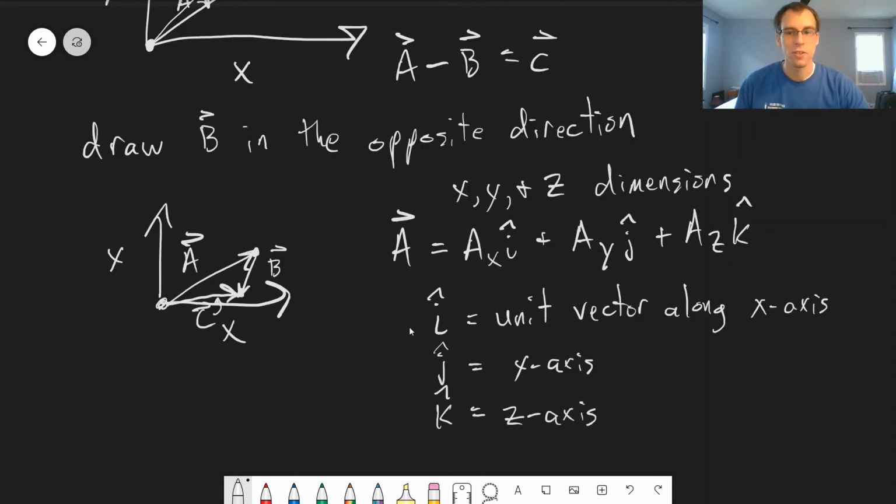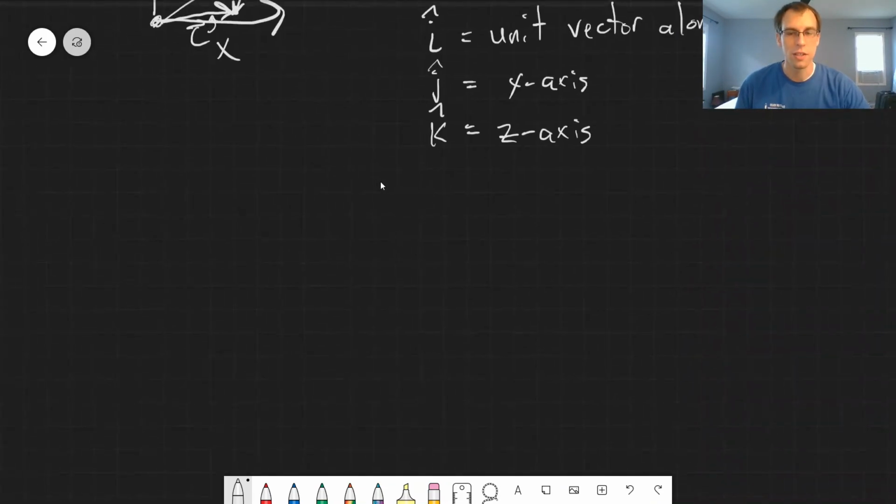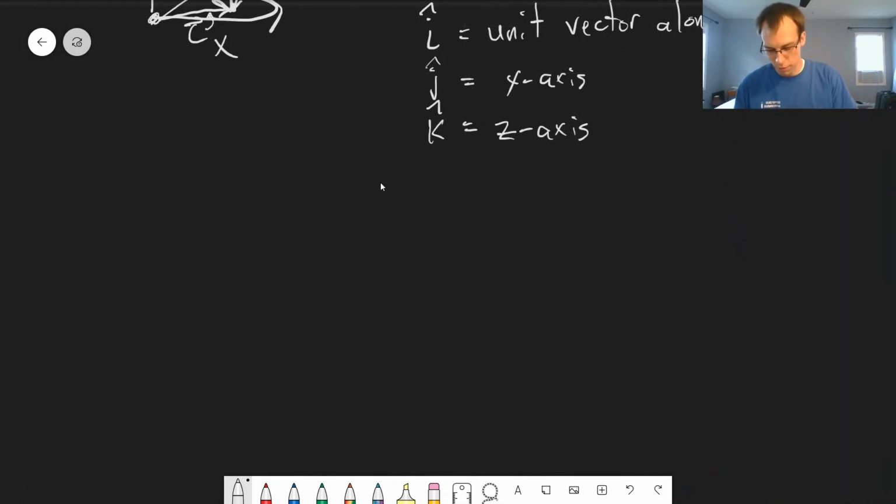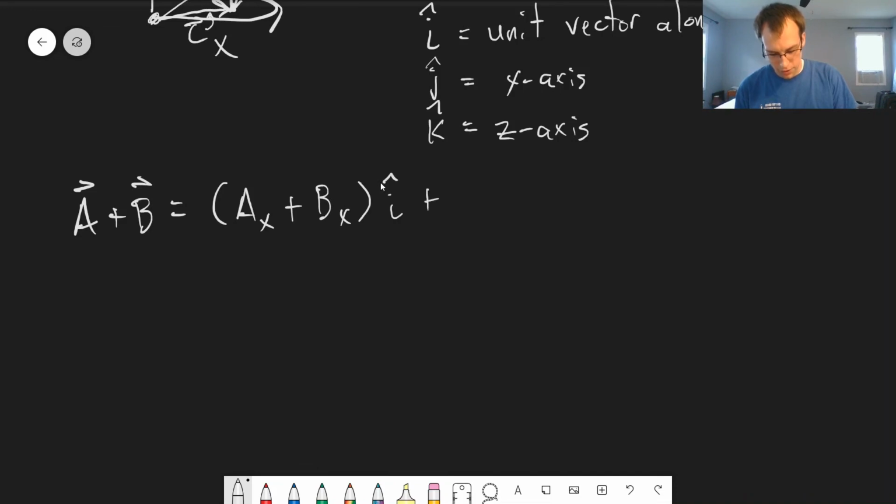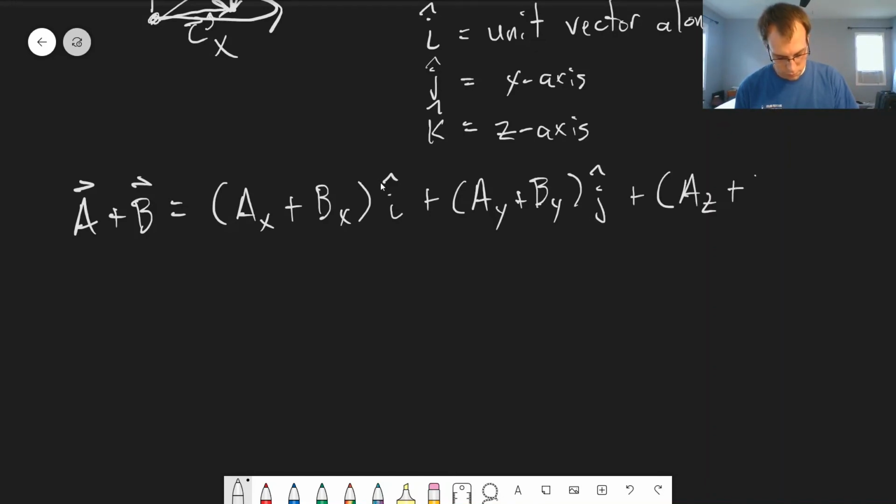So to add vectors, we can take these components along each of the axes that we're considering. So if we have, say, A plus B, what we can do is just add up the components along each axis times their unit vectors. And that will give us our final vector. Okay, so that's a different way to do addition.